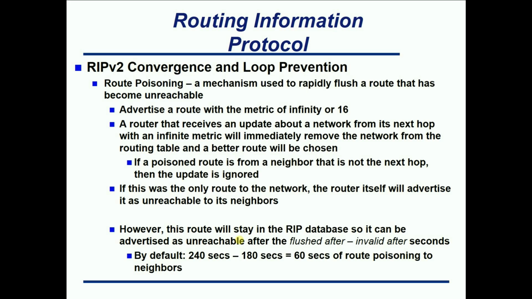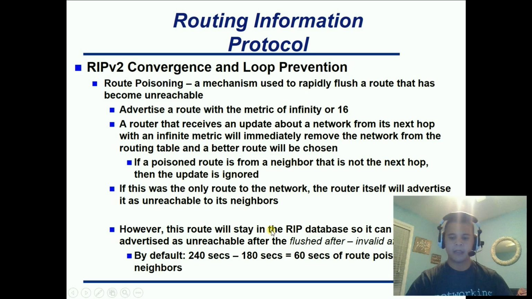The reason it advertises it for 60 seconds is that the route has failed and is totally gone, but I'll keep it in the database just so I can advertise it out. The time is flushed after minus invalid after, and that equals 60 seconds right here. So that's what happens with route poisoning.